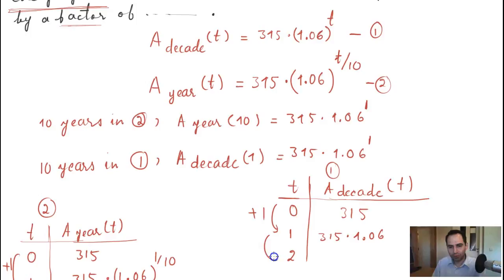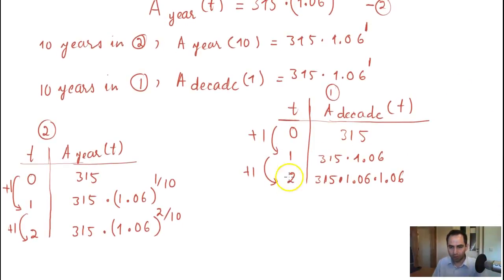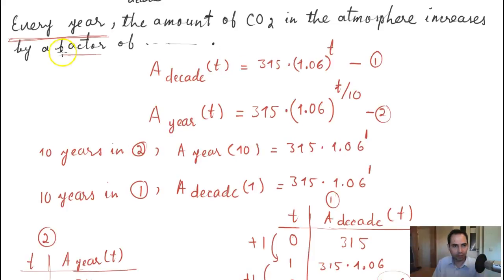Make your t 2, you have 315 times 1.06 times 1.06. So every time that you're incrementing your input by 1, your output is multiplied by another factor of 1.06. So this way you know that every time you're incrementing your input, your output is being multiplied by another factor of 1.06, and that's basically the same factor that we are interested in here.